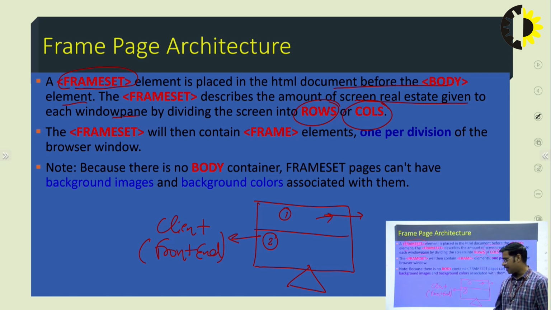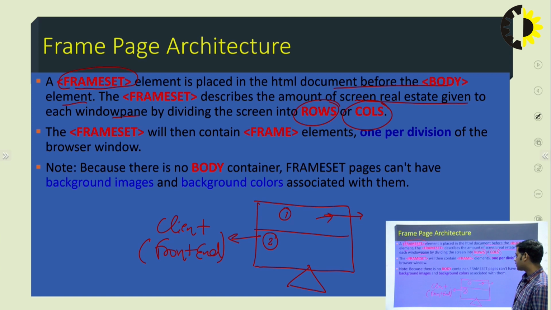I will describe the implementation part of this frame later on. Firstly, we have to understand how we can divide the browser screen into multiple frames. Similarly, in the second row we insert the multiple web pages.